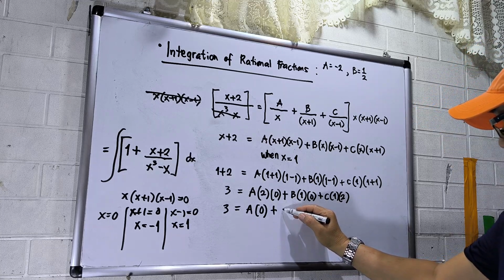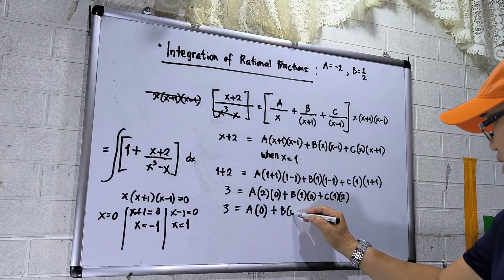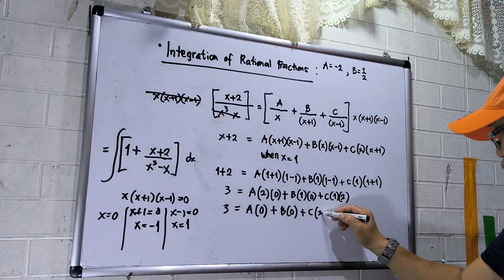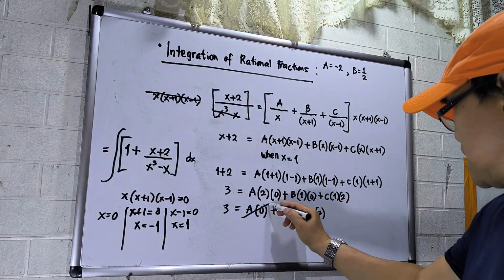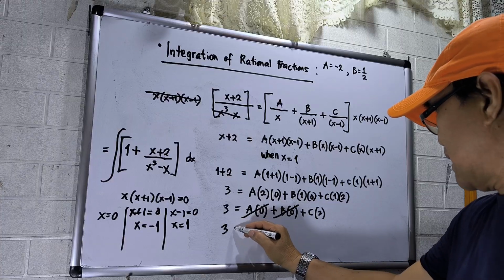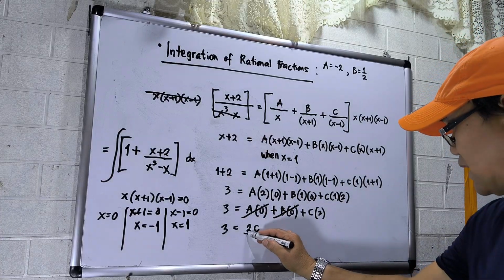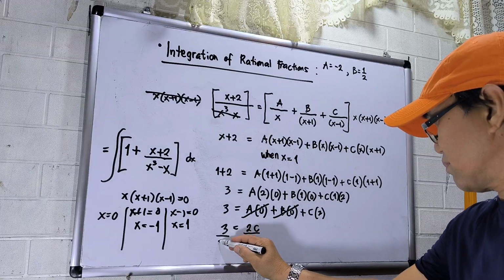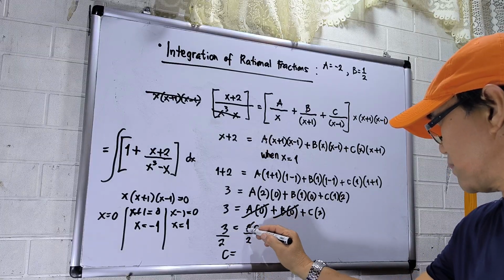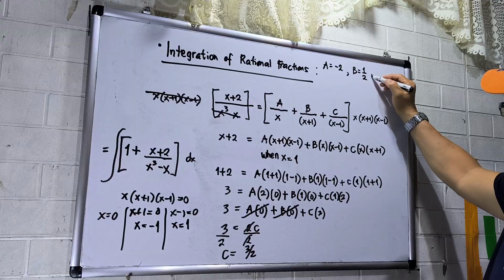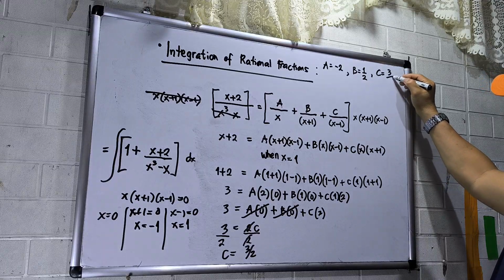Plus b, 1 times 0, that will be 0. Then plus c, 1 times 2, that is 2. So that will be 0, cross out. So 3 is equal to 2c. Solving for c, divide by 2 both sides. So c is equal to 3 over 2.